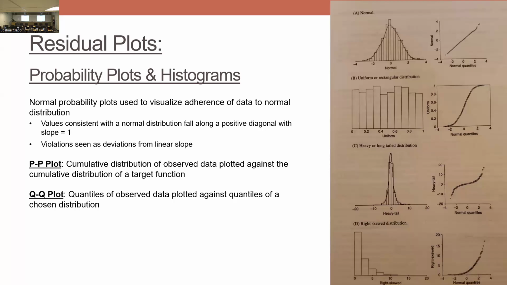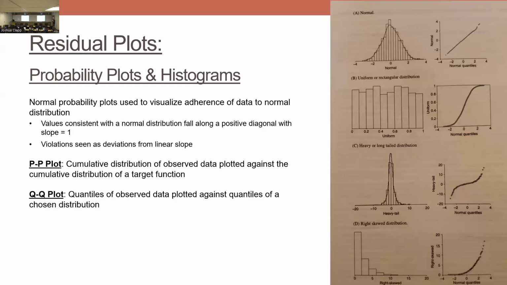That indicates a violation with negative kurtosis. With positive kurtosis, we get kind of an inverse of this. With a skewed distribution, we get a quadratic, curvilinear function on the probability plot.